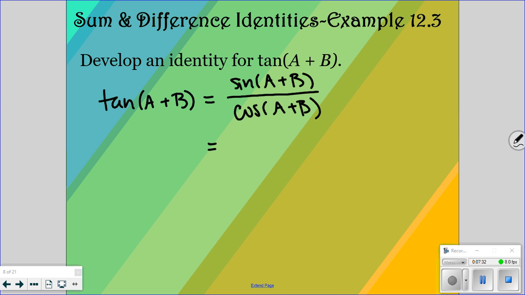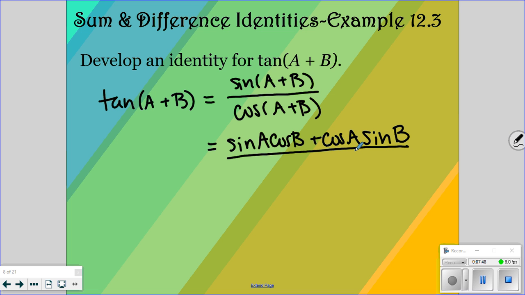And then we're going to replace our sine of A plus B with sine of A, cosine of B, plus cosine of A, sine of B. And then we're going to replace our cosine of A plus B with cosine of A, cosine of B, minus sine of A, sine of B.